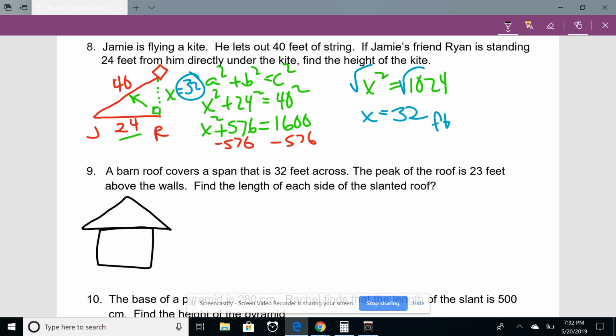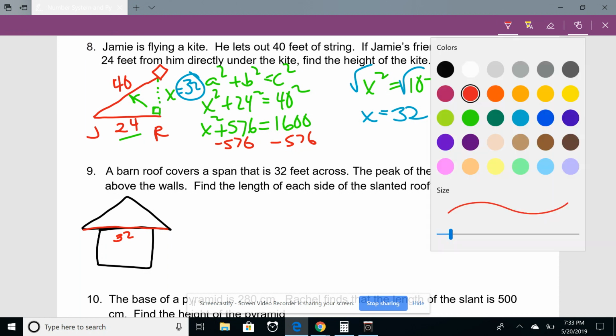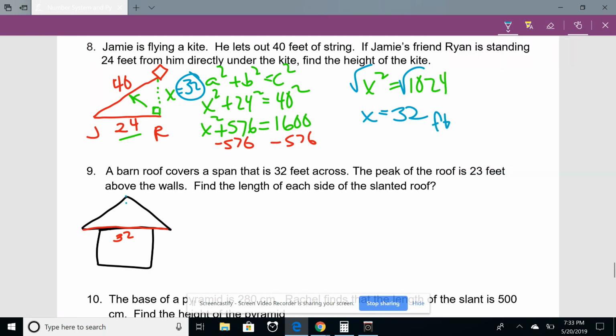The roof covers a span of 32 feet. So this is 32 feet. The peak of the roof is 23 feet above the walls.